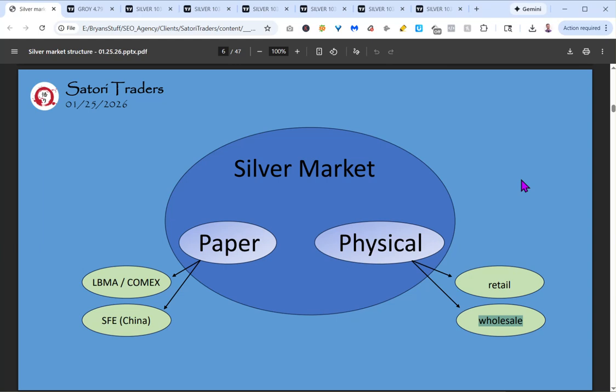Clearly they're not the same. The two different markets aren't the same products. To some extent there's some gray area in there, but there's a very distinct differentiation between retail and wholesale markets on the physical side of things.